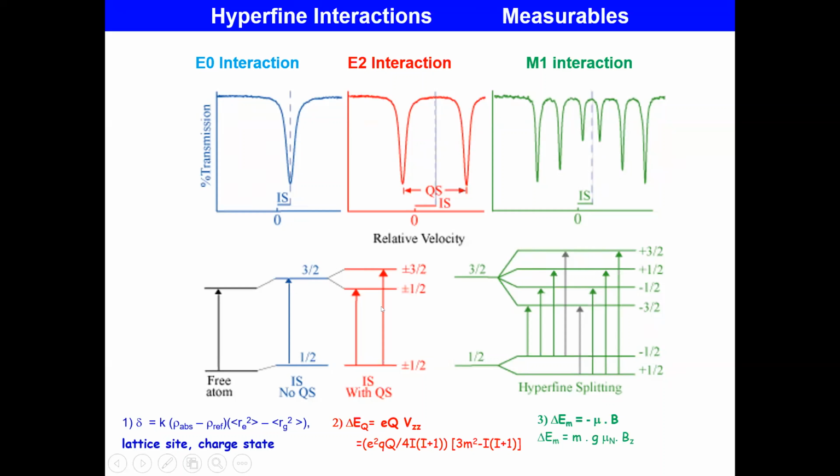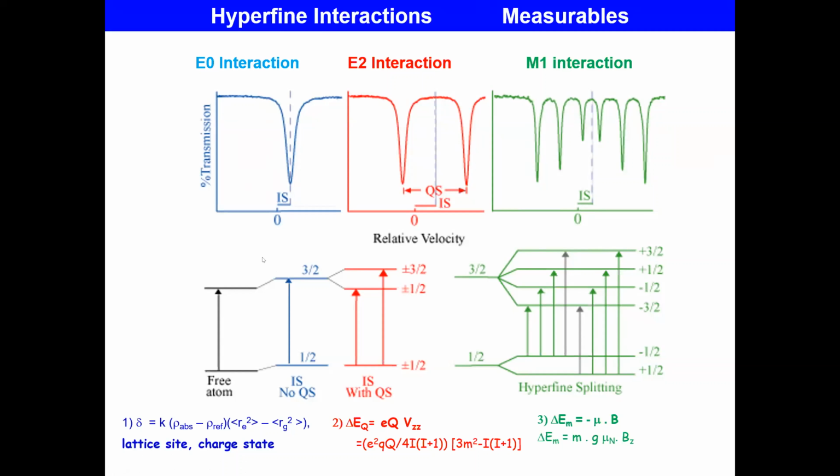And these absorptions then take place where the energy that you're driving the source through, or adding to the energy of the photon, occurs in resonance. Similarly, in this case, your drive energy must cover this as well as that change in energy. Okay? And so what you observe in an absorption spectrum, when just the electric monopole interaction is present, is a single absorption line.